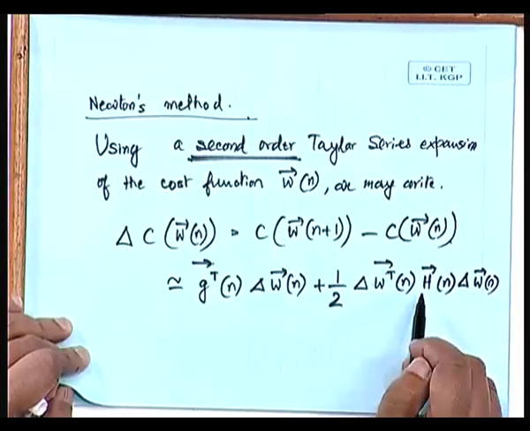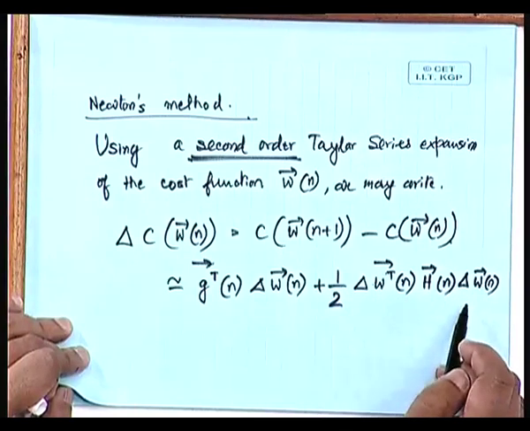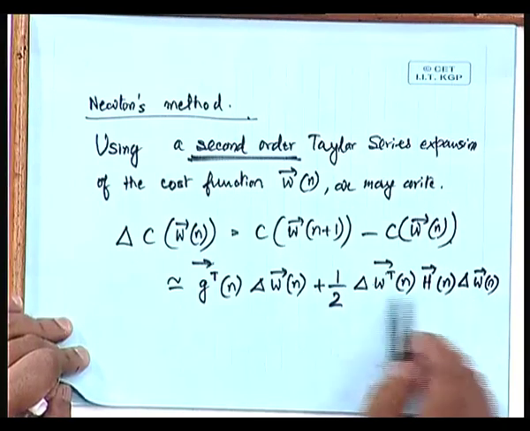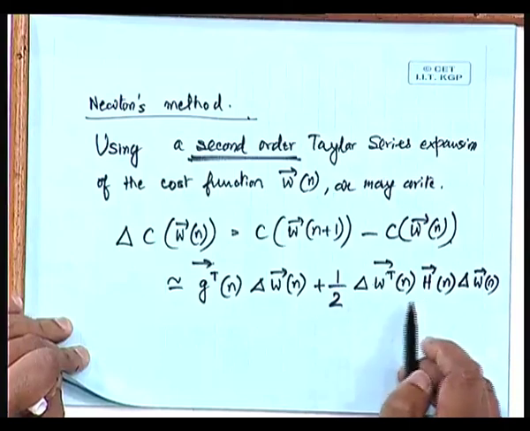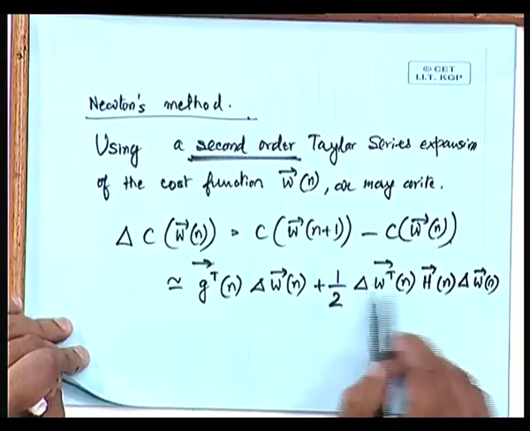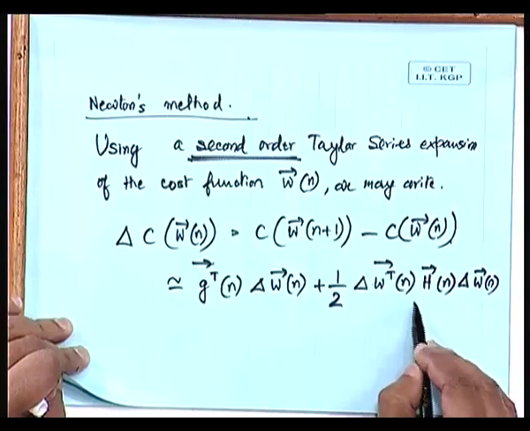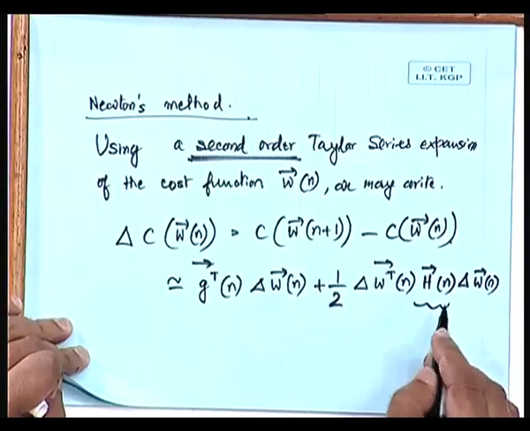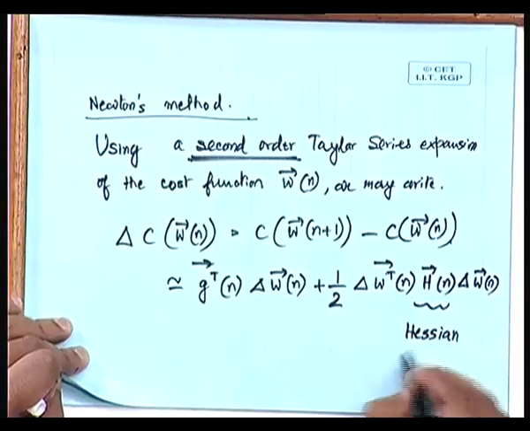I am not going into the derivation here, but simply writing down the second derivatives by this type of expression. The second order derivatives have been embedded in this matrix, which is called the Hessian matrix.